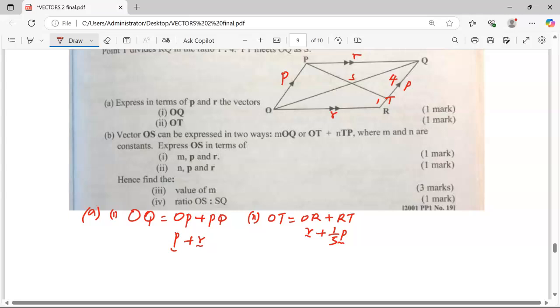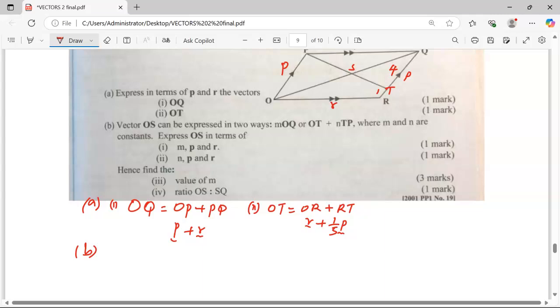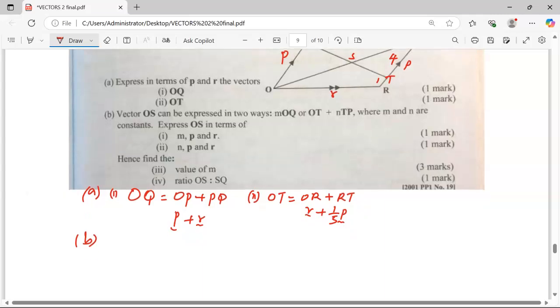We move to part B of the question, where we are supposed to express OS in terms of M, P, and R. OS can be expressed in two ways, such that OS will be equal to MOQ or OT plus NTP, where M and N are constants.